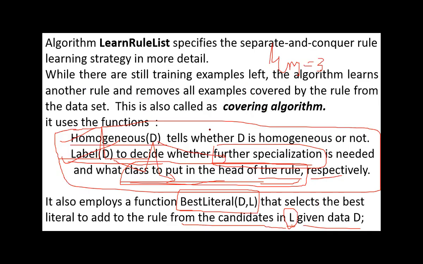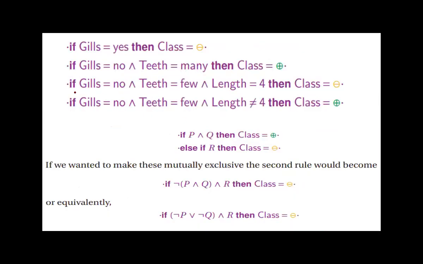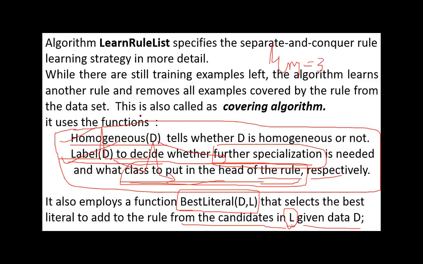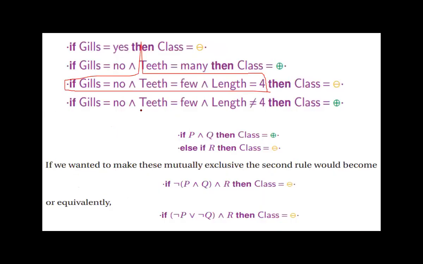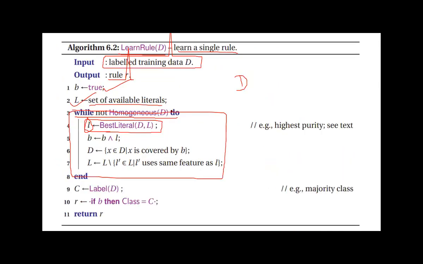For example, in our case, gills is equal to no, teeth is equal to few, length is equal to 4. So if we have all these literals, suppose this function finds teeth is equal to few is the better literal, it gives me teeth is equal to few. As simple as that. Now what we do? We just AND this particular literal with B.